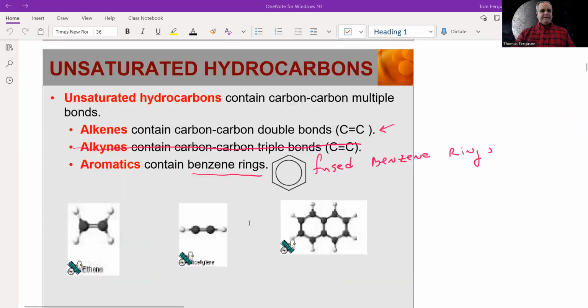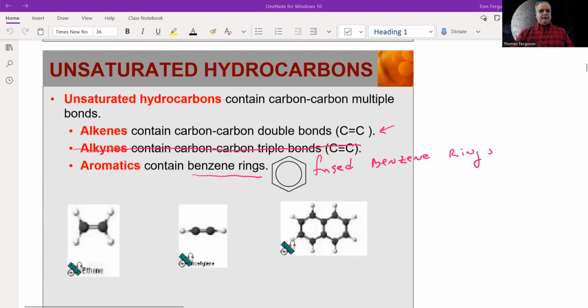Okay. All right, so there's saturated hydrocarbons and unsaturated hydrocarbons. Saturated hydrocarbons only have single carbon-carbon bonds, no doubles. Unsaturated have either carbon-carbon double bonds or carbon-carbon triple bonds. Also, something called aromatics, and those contain a benzene ring.